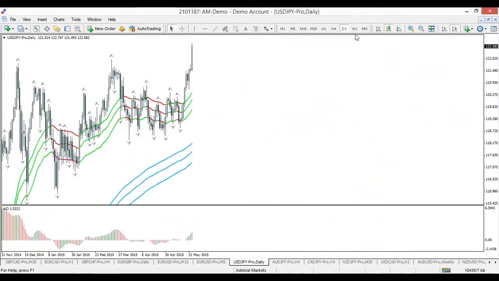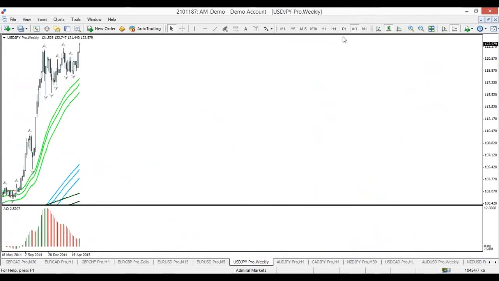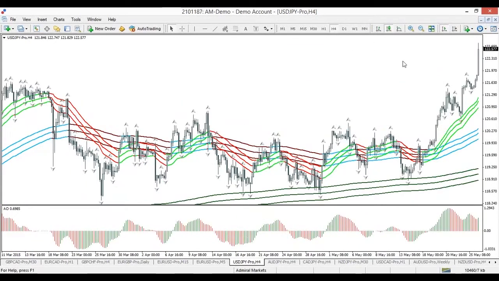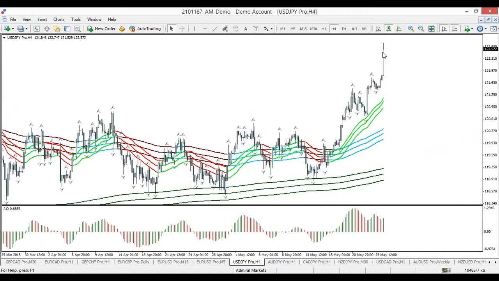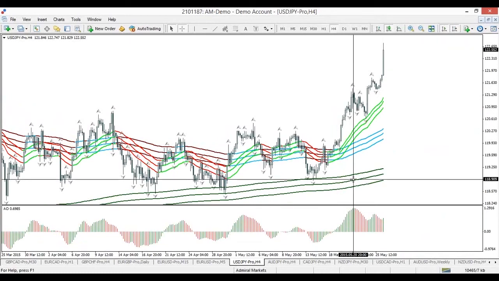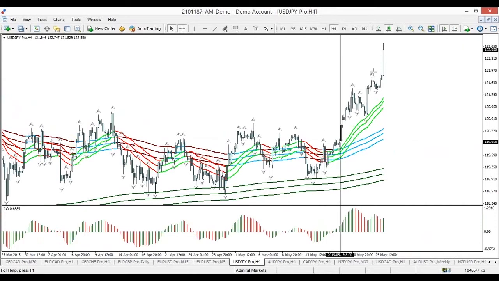Let's take a look at the moving averages. You can see that price is above all of these daily ones, the weekly ones too, etc. I don't want to bore you with exact detailed descriptions of every moving average, but just quickly, this is a wonderful example of where moving averages are aligned very strongly on all time frames: daily, weekly, 4-hour as well.